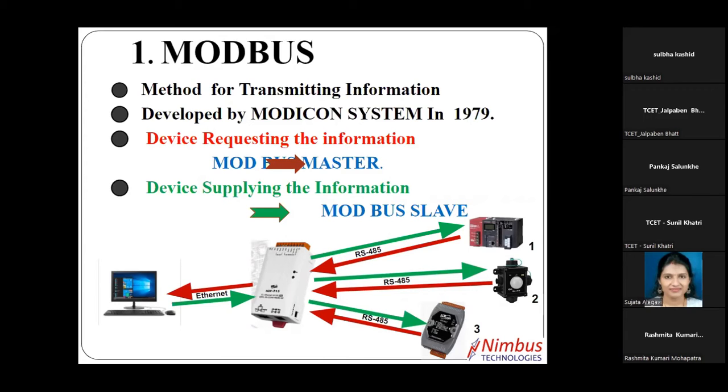How does that communication take place? It is master and slave communication. The master is always requesting information from the slave. Whenever the master sends a request to the slave, the slave responds to the master. In simple language, it is request and response communication. The master is always requesting the information, and the slave is always responding.